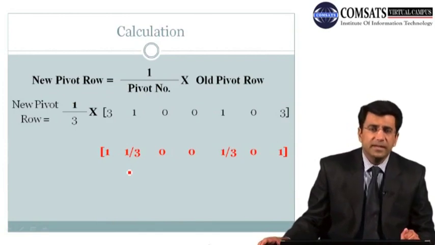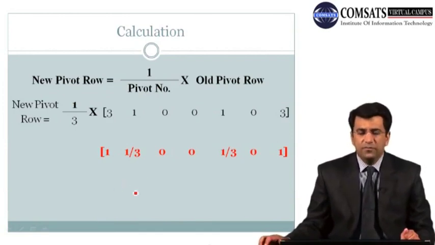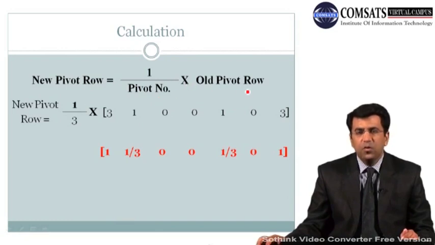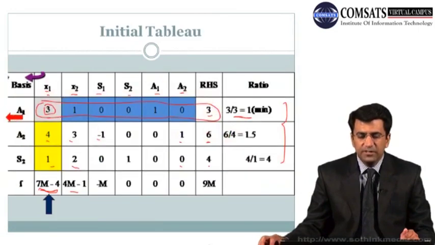Now class, as a next step, we'll have to identify our new pivot row. You must remember the formula for reformulating the new pivot row, that is 1 over pivot number into old pivot row. Now what is our old pivot row and pivot number? As we have just identified, this one is your pivot number, that is 3.